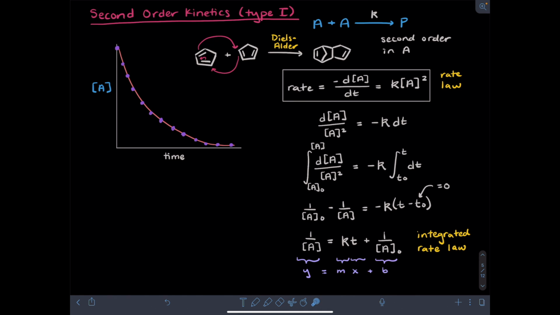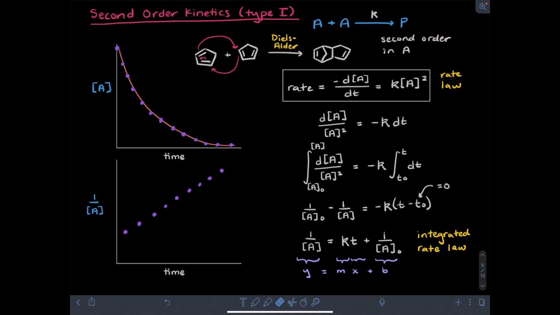Here again, my integrated rate law is of the form y equals mx plus b, so it could be fitted to a line. For a second-order reaction of this first type, where you have two of the same molecules reacting with each other, you could plot your data as 1 over the concentration of your starting material versus time.